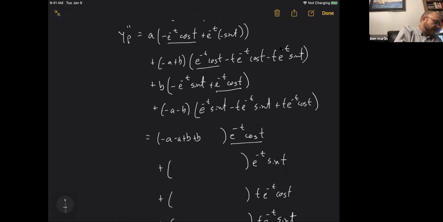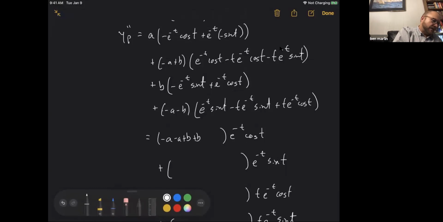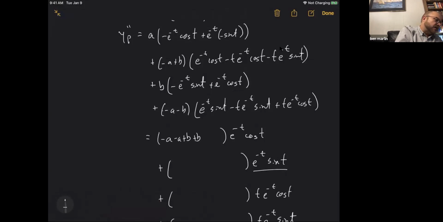All right, then we're going to worry about the e to the minus t sine t. So e to the minus t sine t appears here and here and here. Okay.